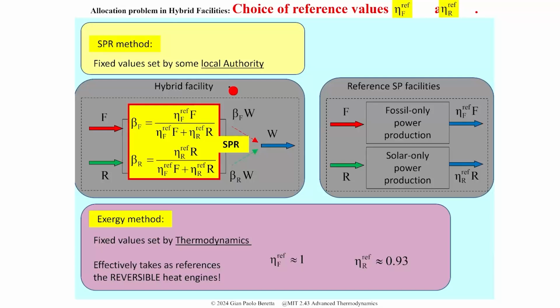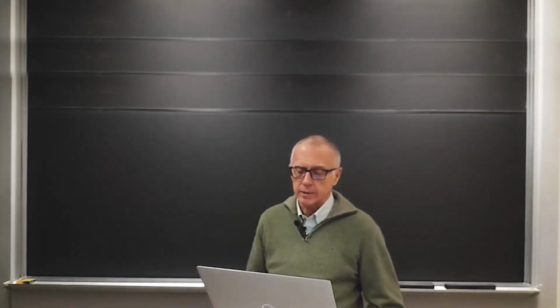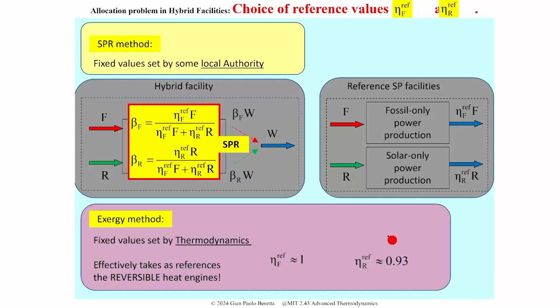And again, there is this consideration of the Exergy method that would provide 100% as the reversible target, and 93% for the reversible target in the conversion of solar energy into electricity.